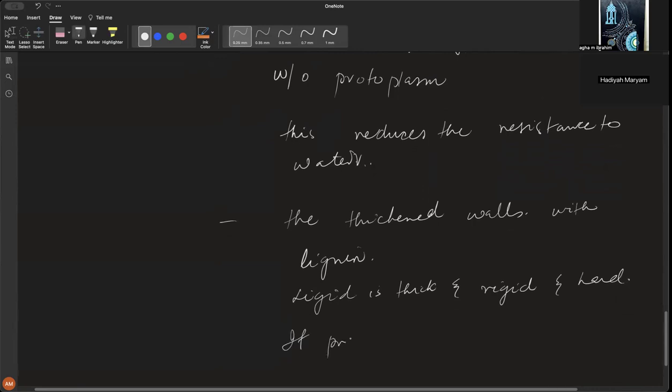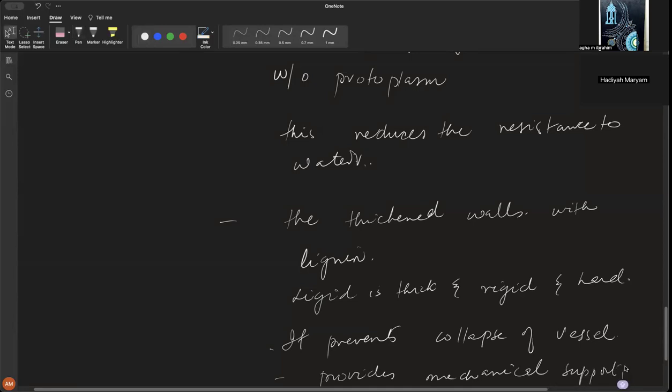It prevents collapse of the vessel, number one. So it provides mechanical support. Mechanical support, what does that mean? It means structural support. All right. Is this clear?